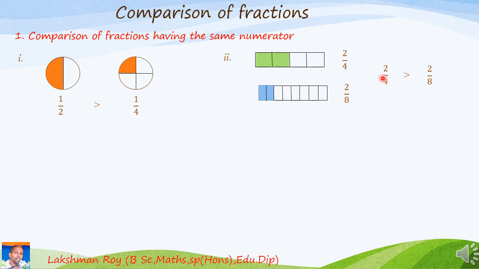The fraction with the smaller denominator is big, because if you divide into fewer parts, one part becomes bigger than the other one.